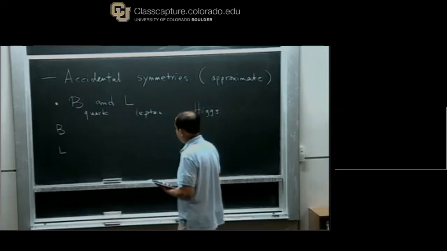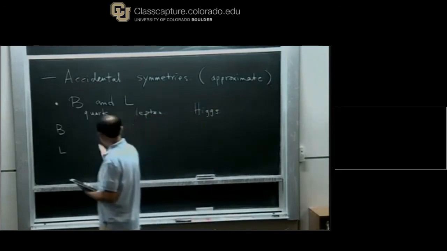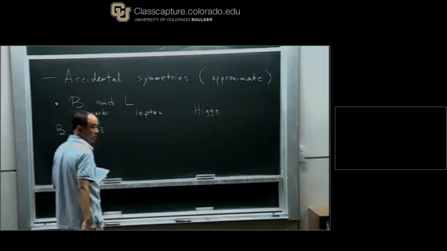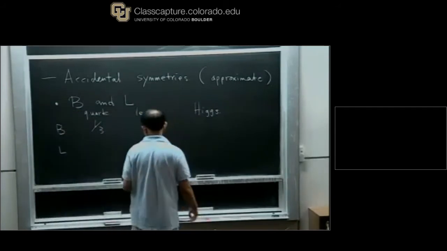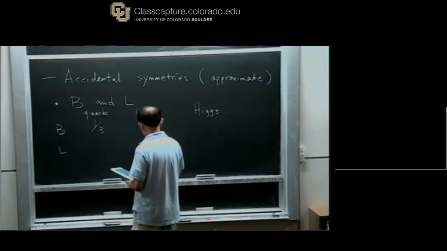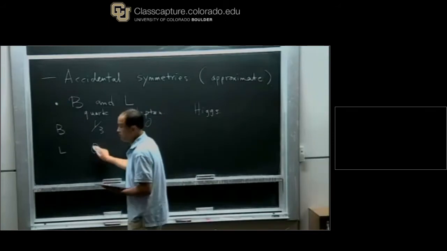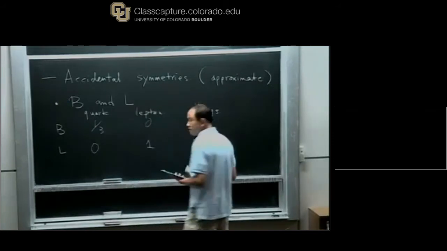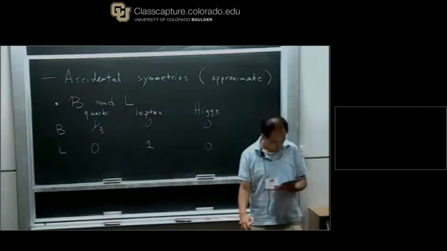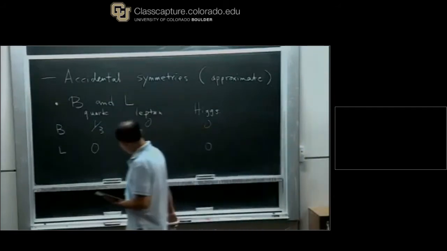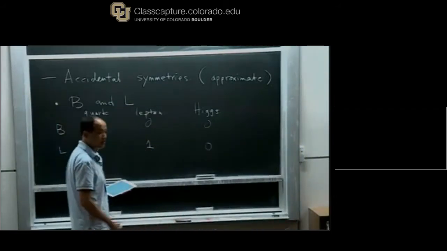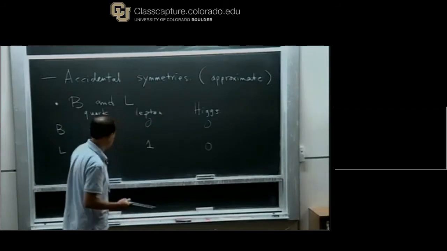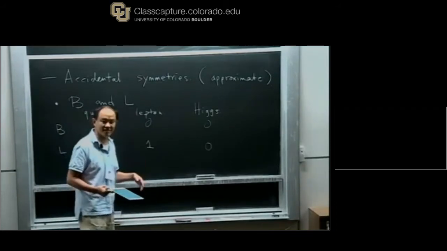So these are the matter fields. Quarks are charged 1/3 under baryon number, and leptons are charged 0, and the Higgs does not carry charge. Okay, so these are the accidental symmetries. Okay, broken by electroweak anomalies.